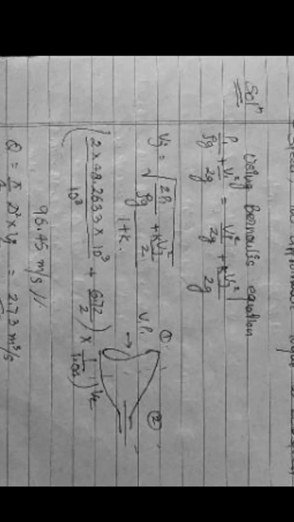In this formula, substituting the values, we get the answer 96.45 meter per second. After that, we calculate the flow rate, which is Q is equal to area into the velocity, which is equal to 2.73 meter cube per second.